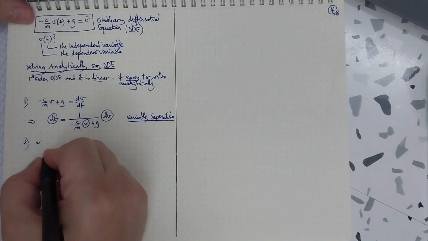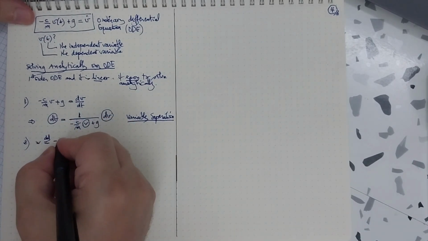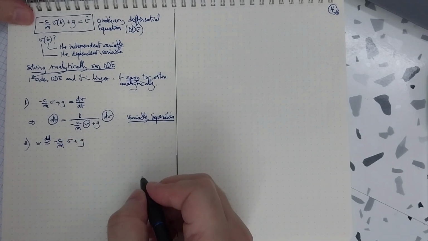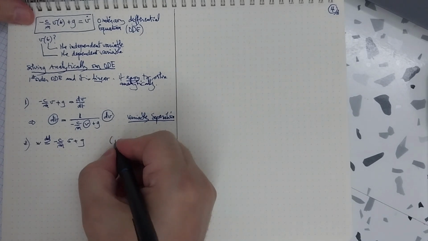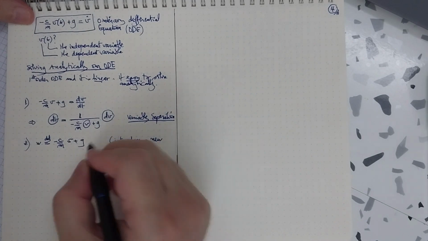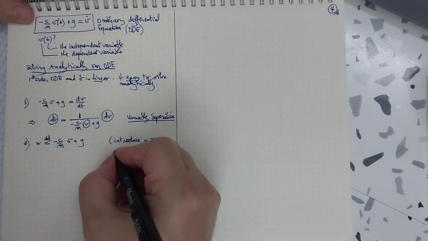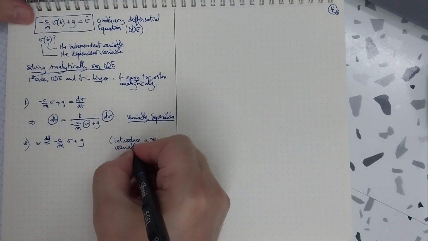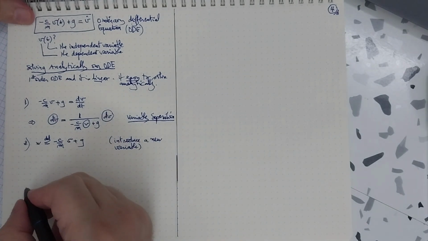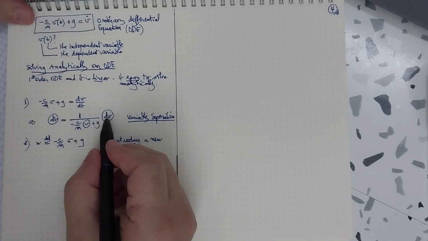We introduce a new variable, w, by definition equal to this quantity in the denominator, minus C over m v plus g. An intermediate variable. Later we will come back to v. We introduce it to make the integration easier. But we also need to eliminate dv.